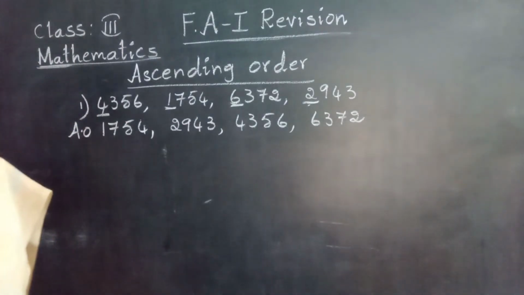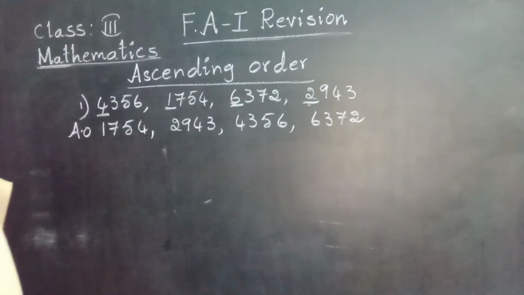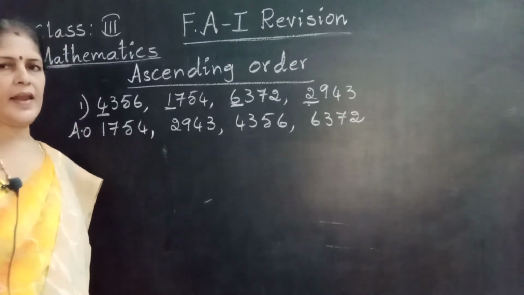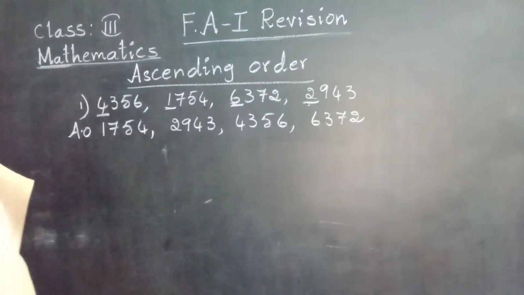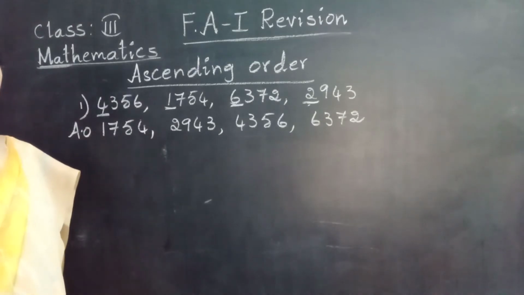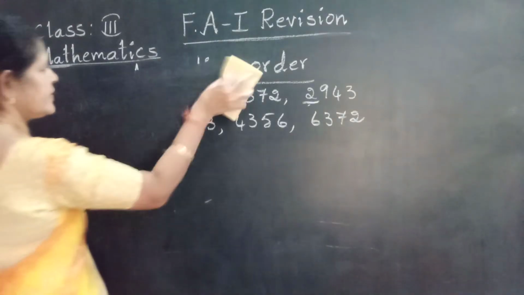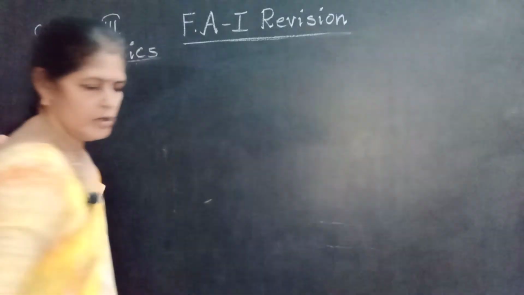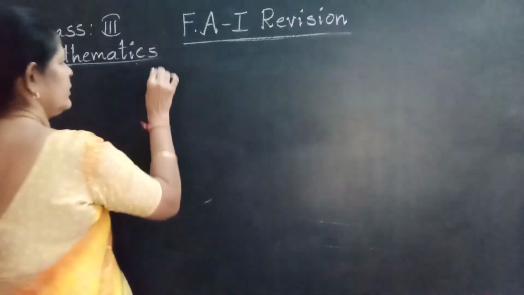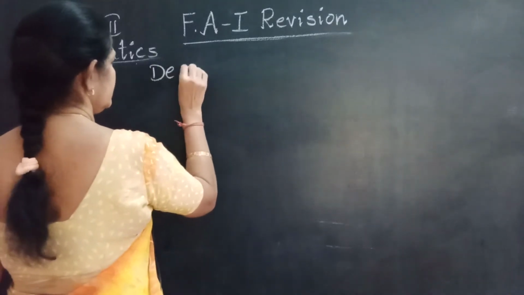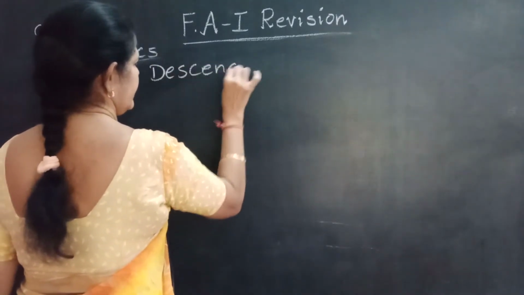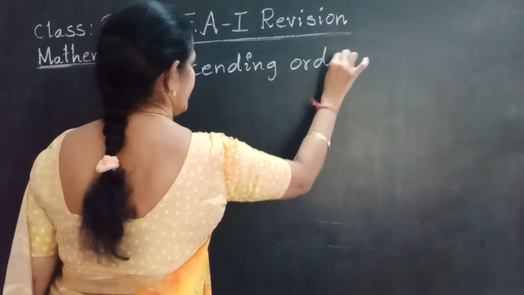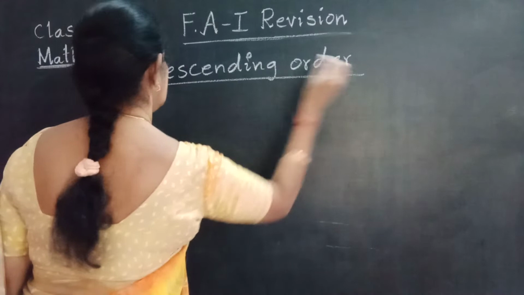Now the given numbers are in ascending order. Ascending order means small number to big number. Okay? Next descending order. Big number to small number. D-E-S-C-E-N-D-I-N-G. Descending order. We write the given numbers big to small.